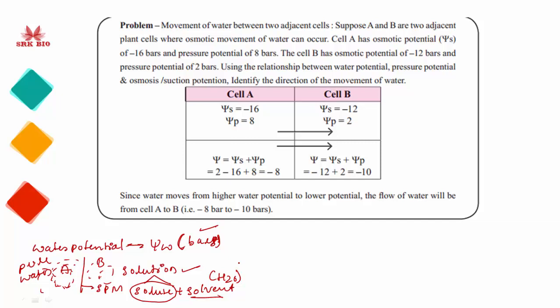Pure water has no solute, so there are no solute particles for the water molecules to collide with or compete with. Therefore, the free energy of the water molecule in pure water will be very high. And one more thing you must remember, this is very important: the free energy of the water molecule in pure water is always considered as zero.